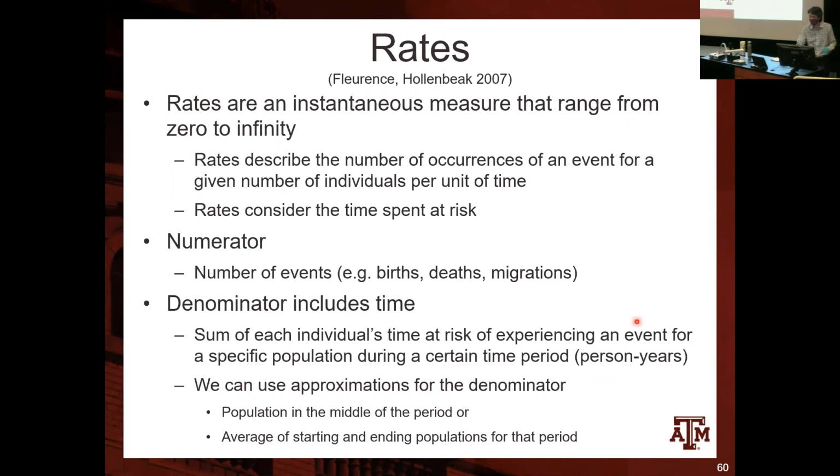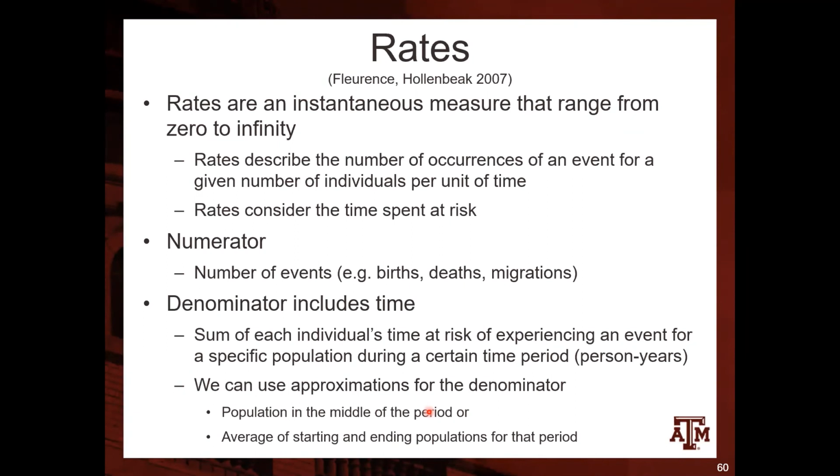Instead of using person-years, exactly the fraction of time that you were exposed to the risk of experiencing the numerator, we can simply use the population in the middle of the period. A simple way to do it is to get the population on July 1st and use that as the denominator of your rate.